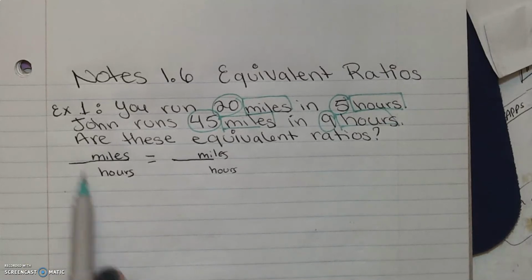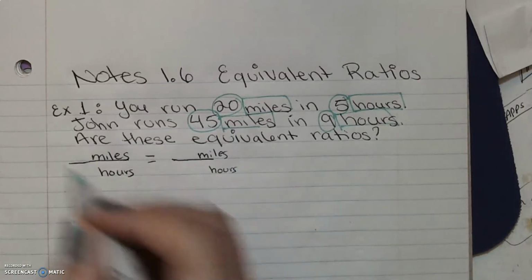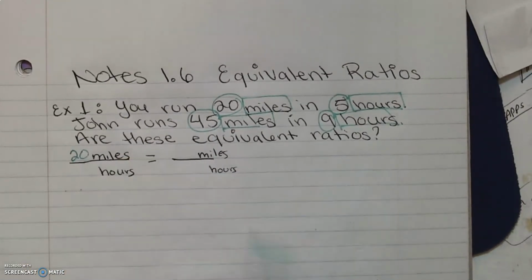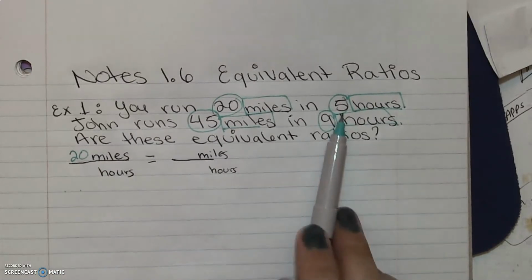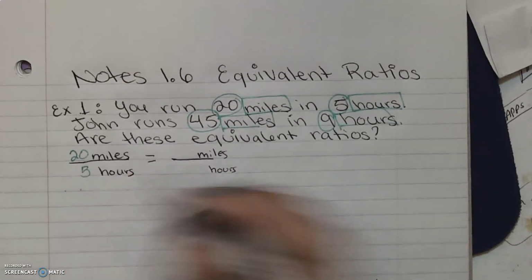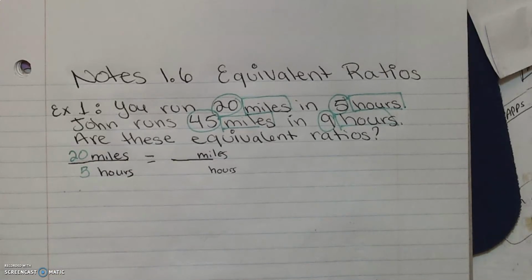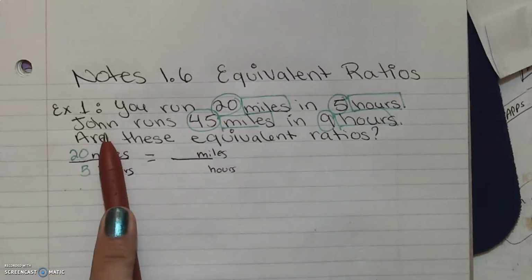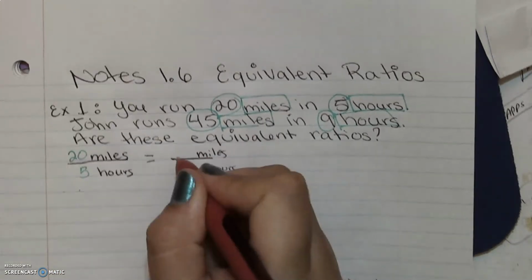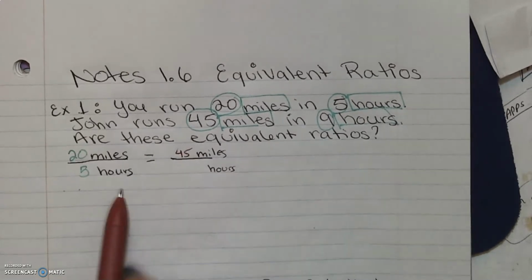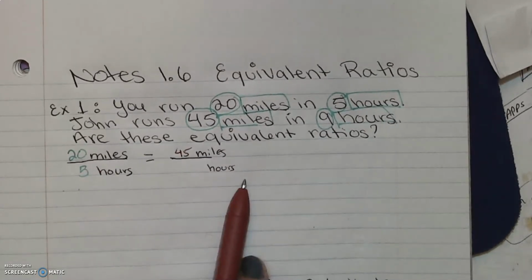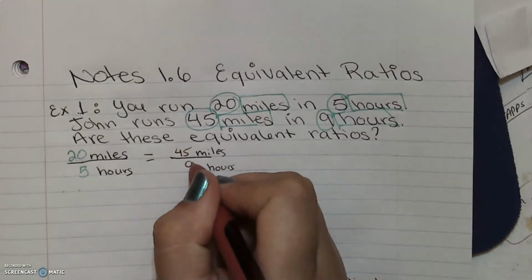Right here, I'm going to put 20 miles over 5 hours. And then for our second person, for John, we have 45 miles, and remember I do need to match: all my miles need to be up here, all my hours down here, and I have 9.